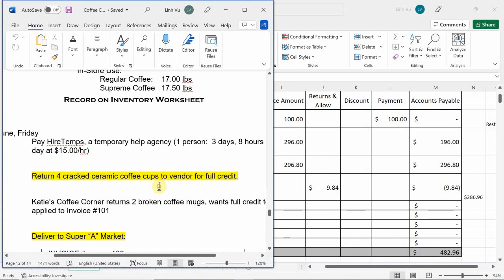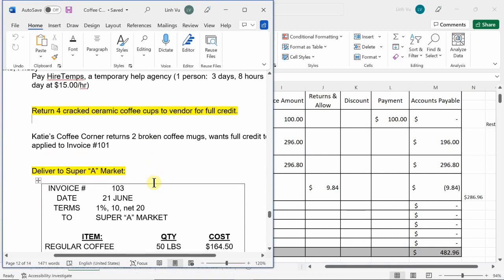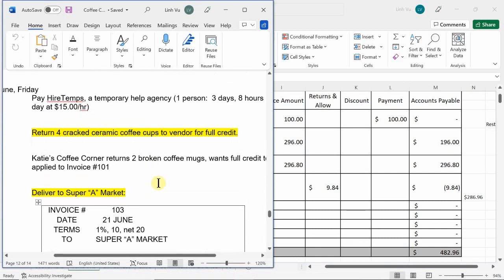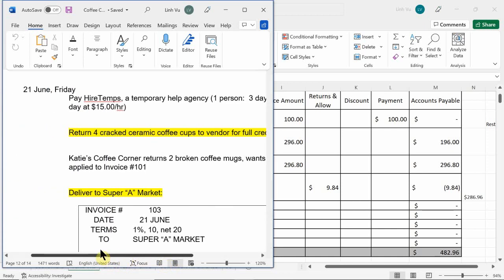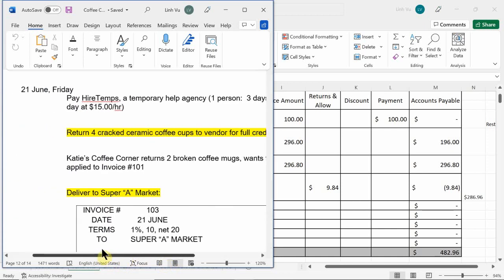So then what happened next? Katie's Coffee Corner decided to return 2 broken coffee mugs and wants a full credit, which is to be applied to invoice 101.